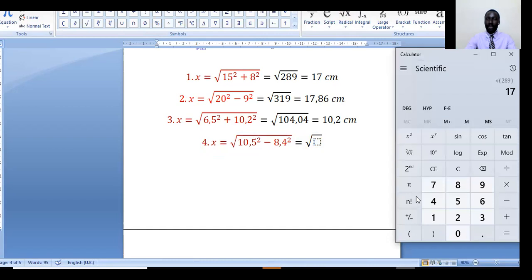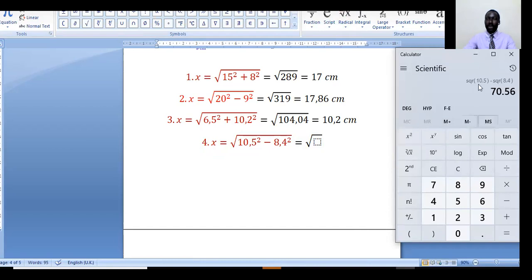So let's see what we get for 10.5. So we have here 10.5. Okay, we have to square this 10.5. Then later we subtract 8.4 from what we got. 8.4 must be squared. So we square 8.4.